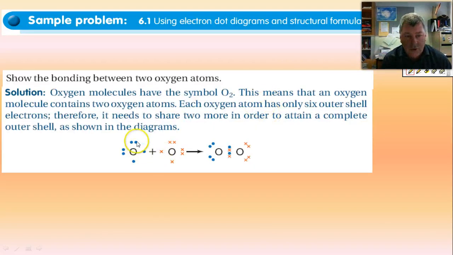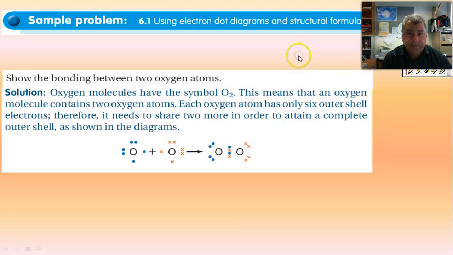Now notice they've rotated the diagram so that the two lone pairs go in pairs, and they've also made sure that there's a pair and there's a pair. This is probably a better way of drawing it than having the dots like this. That's not the best way of drawing it. This is much better. So try and just remember to do it like that.